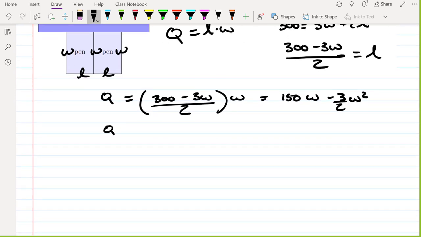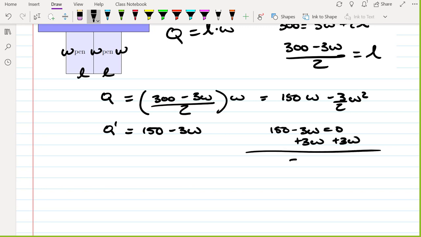So we find our critical number by taking Q prime, which gives us 150 minus 3W. And we set that equal to 0 and solve for our W. So we add 3W to both sides, we get 3W equals 150. Divide by 3, and we get W is equal to 50.